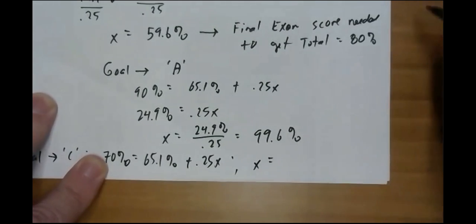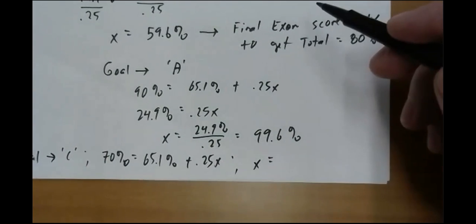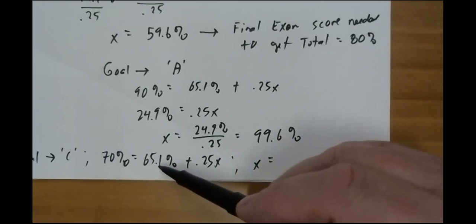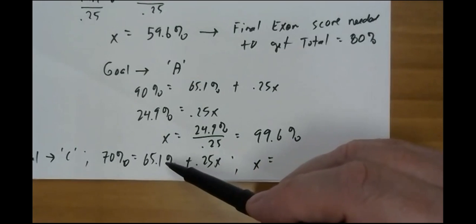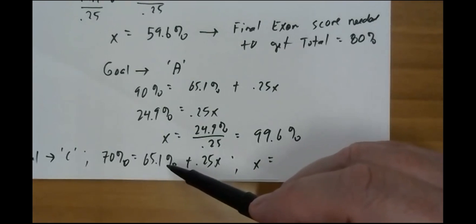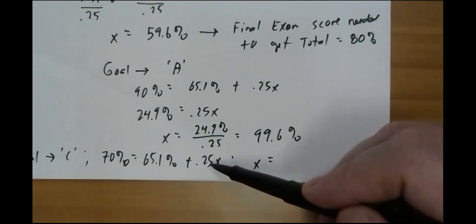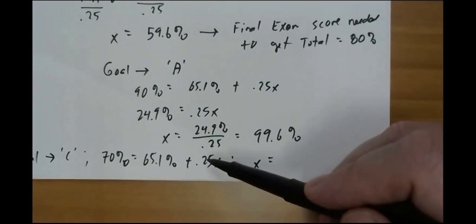Just because I'm almost out of room, I'm going to go ahead and do this calculation all at once. So I'm going to take 70 minus 65.1, which equals 4.9, and I divide that by 0.25.